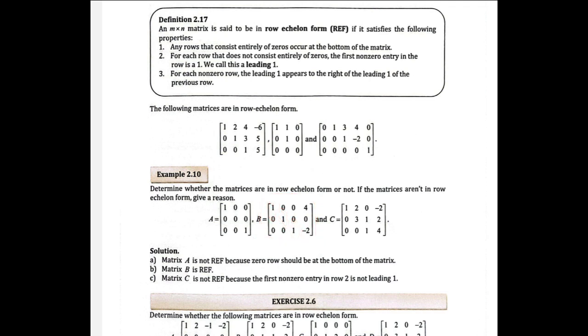And lastly, the leading ones appear in the form of stairs, like I said just now, so this is REF. And lastly, we have one non-zero row that is not starting with 1, so C is not REF. Alright, maybe I am too fast. You can pause the video and try to make sense of it after this.